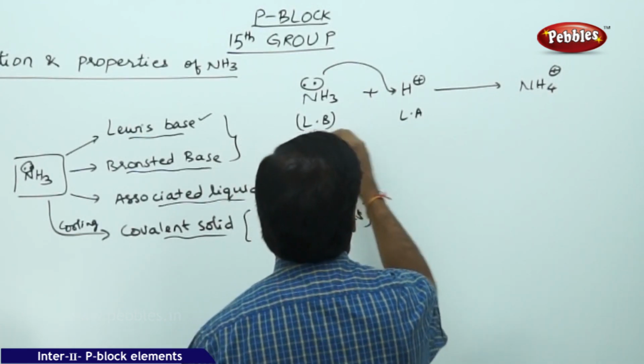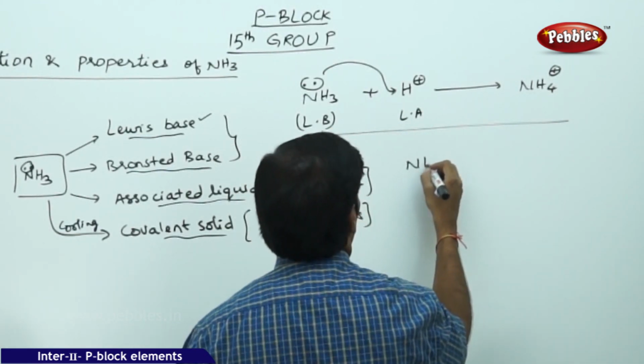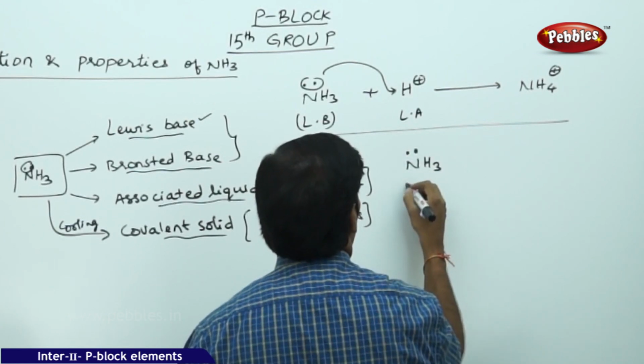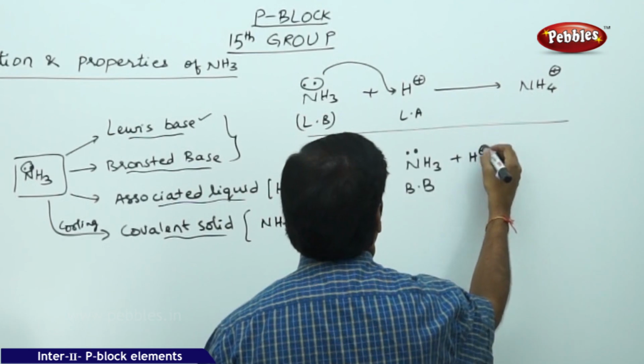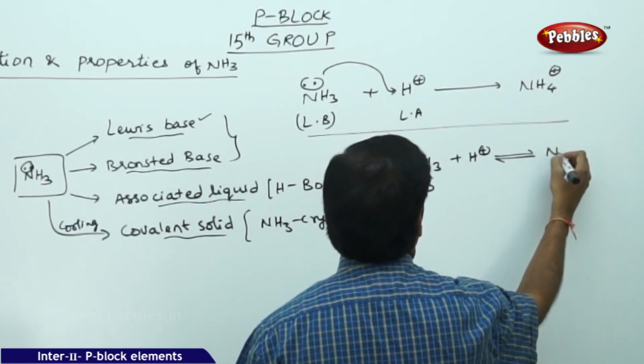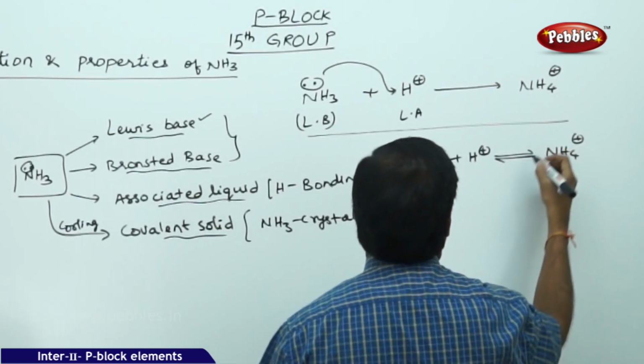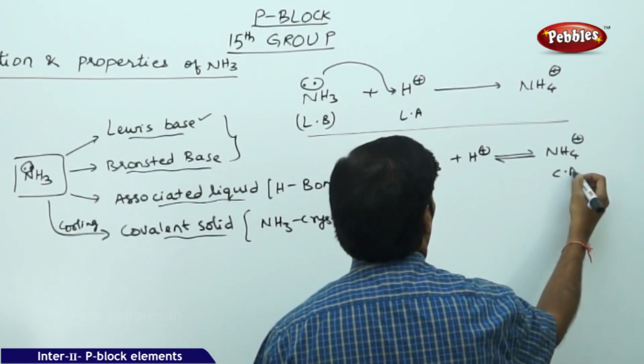Next, the same ammonia can act as a Bronsted base. If it is acting as a Bronsted base, it's a proton acceptor. If it is a proton acceptor, then it gives the ammonium ion. A Bronsted base always gives a conjugate acid.